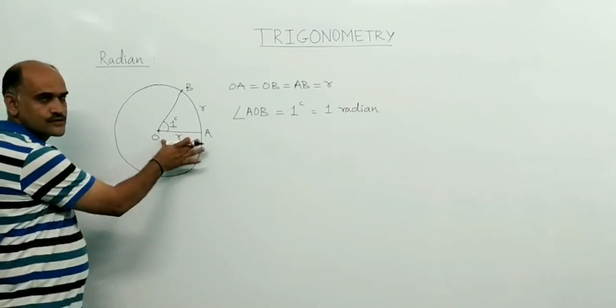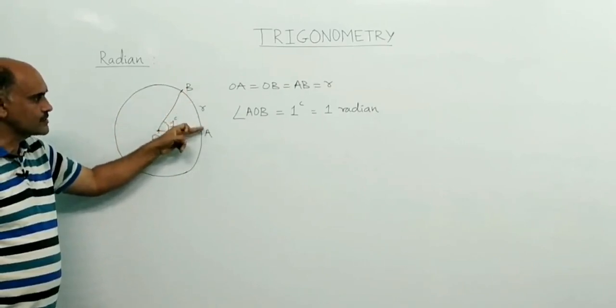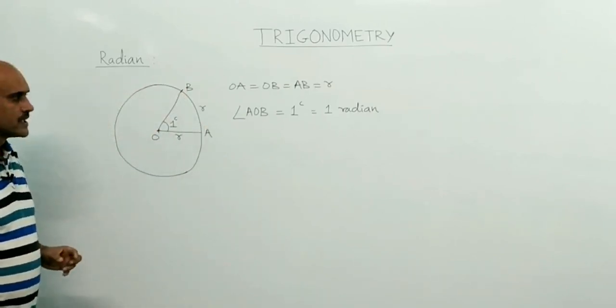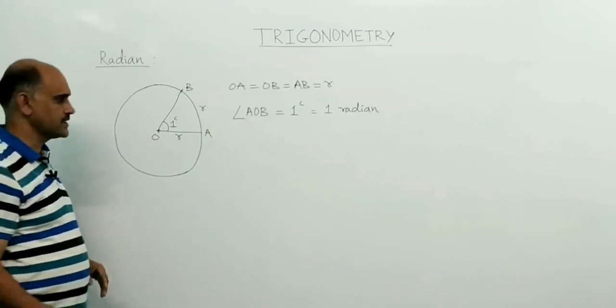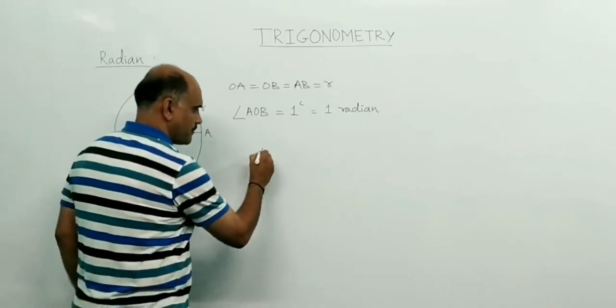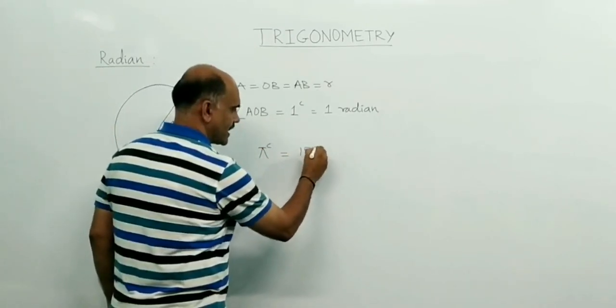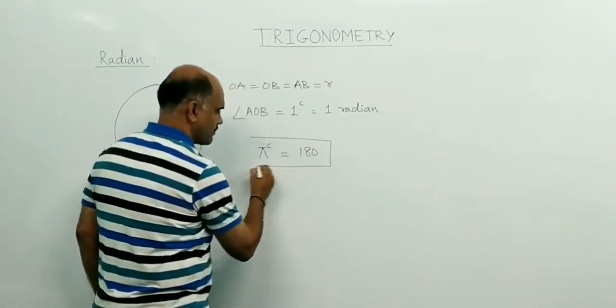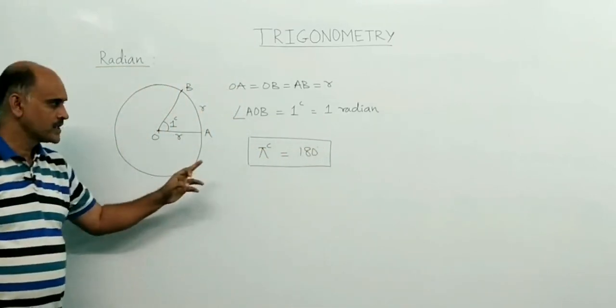So OA is equal to r, OB is equal to r, even AB is equal to r. Clear students? Now here we have one relation, that is pi radian is equal to 180 degree.